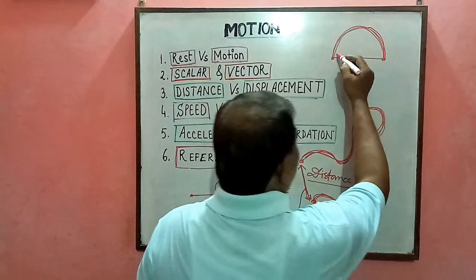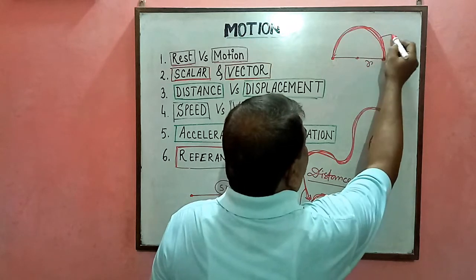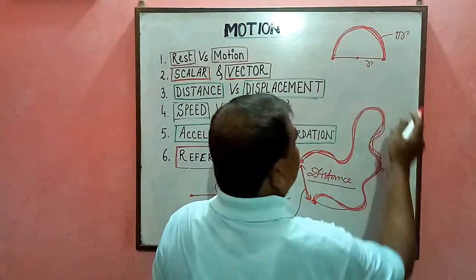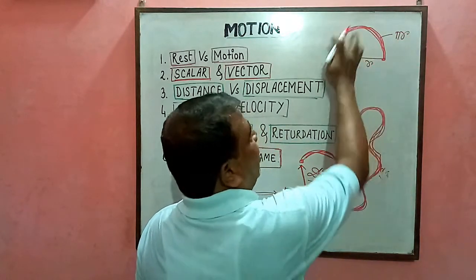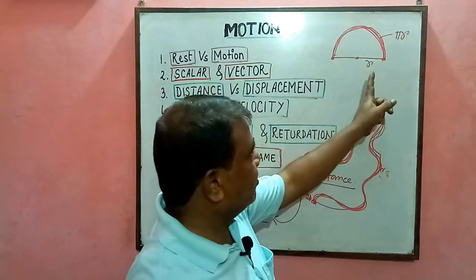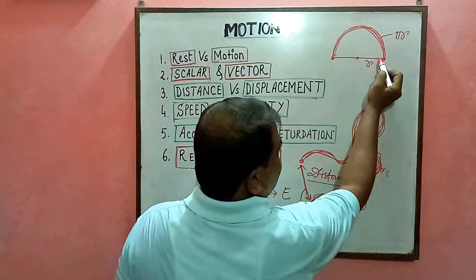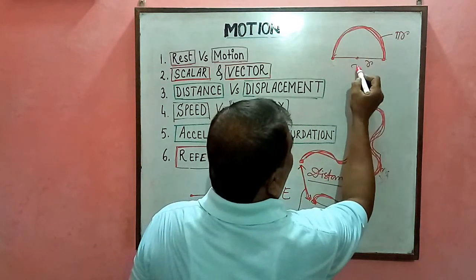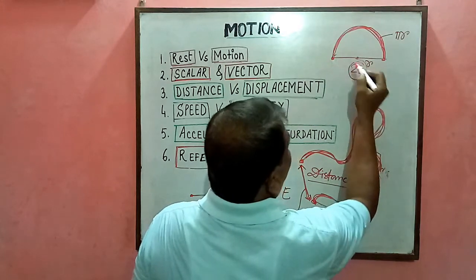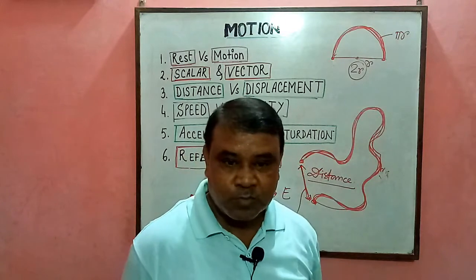If the radius is r, the circumference is 2 pi r, and half of 2 pi r is pi r. This is the total length covered. So this is your distance, and displacement is your 2r. 2r is your displacement. This is the diameter. This is the shortest distance.